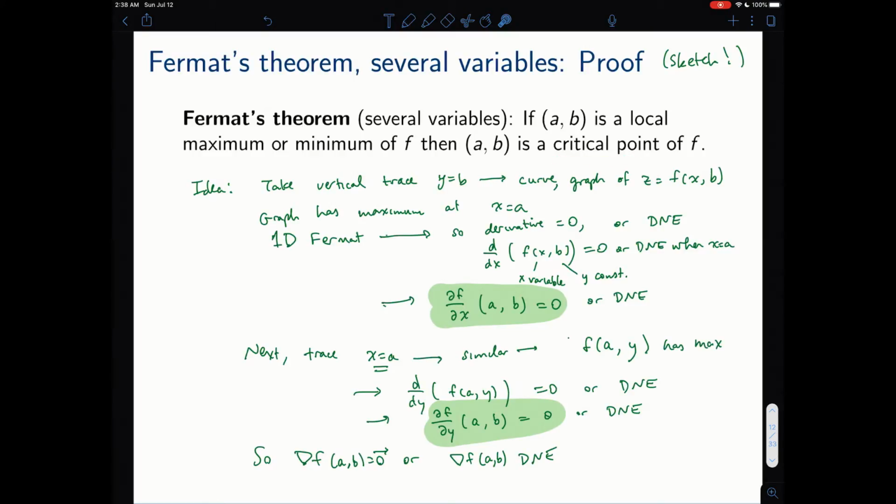So that's the whole idea. That's a sketch of the proof of Fermat's theorem.